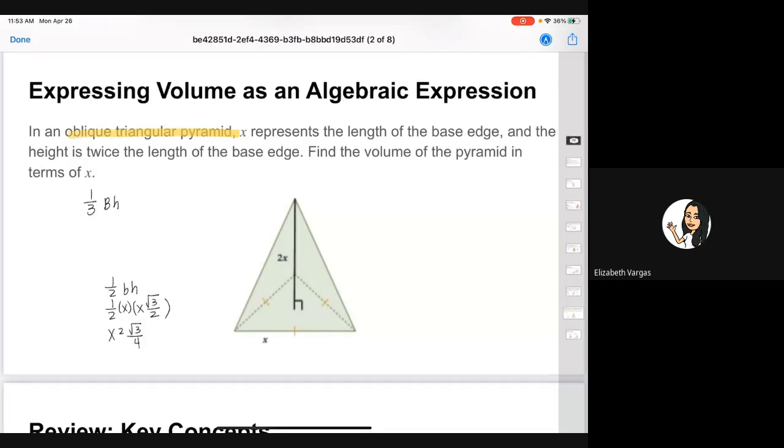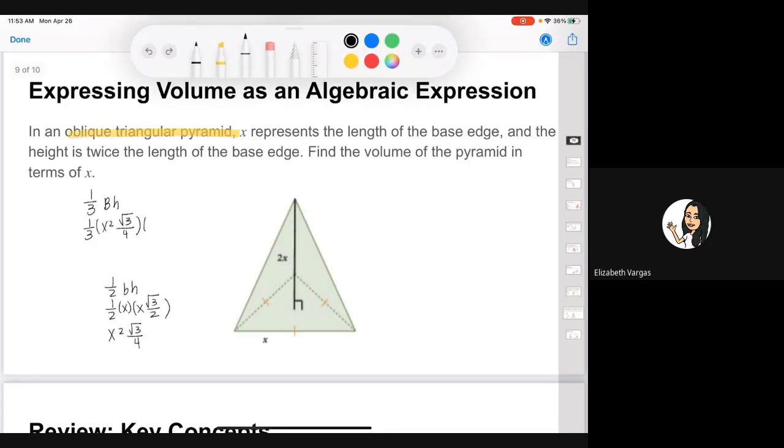Now I have the area of my base and I have my height, which is 2x. I put that together. Put that in my calculator and I get x.